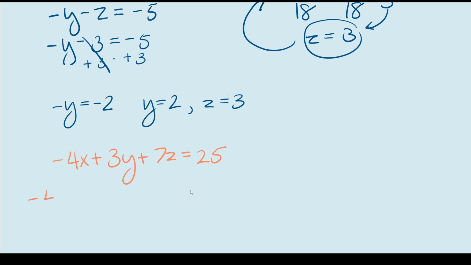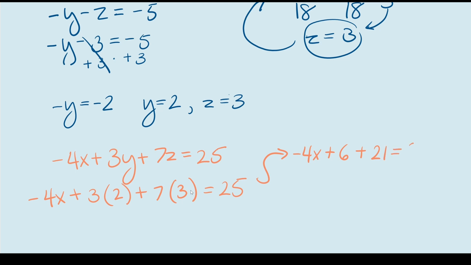So we have negative 4x plus 3 times 2, because y is 2, and then 7 times z, which is 3, equals 25. And now we can solve for x by isolating it from the other numbers. Negative 4x plus 3 times 2 is 6, plus 7 times 3 is 21, and that's equal to 25.